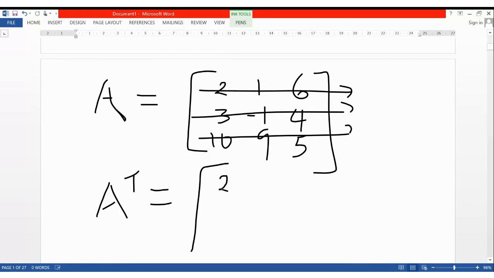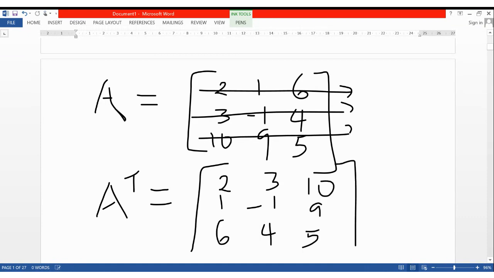Then I'll have 3, negative 1, 4. Then I'll have 10, 9, and 5 to be my transpose. So that will be the transpose of that. So for the transpose you just interchange the rows and the columns. You can go through the definitions.